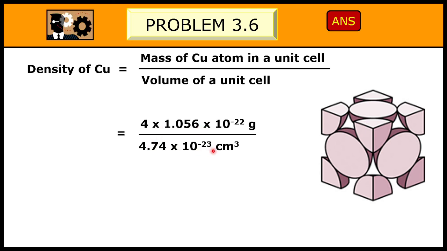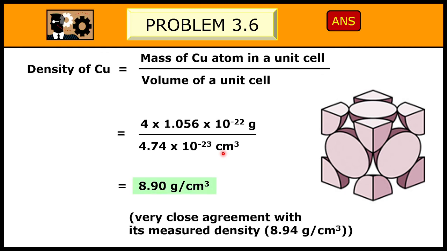This is the mass of copper atoms in a unit cell. And you already calculated the volume of a unit cell as 4.74 times 10 power of negative 23. By calculating it, you get the density equal to 8.90 gram per centimeter cube. So it's very close agreement with the measured density, 8.94 gram per centimeter cube.